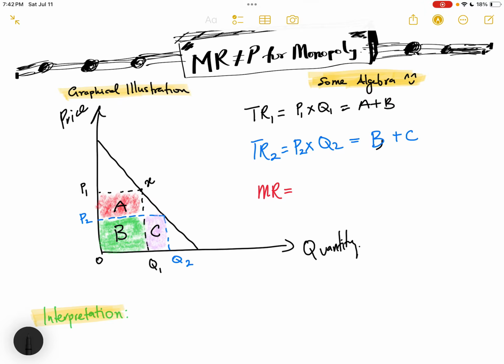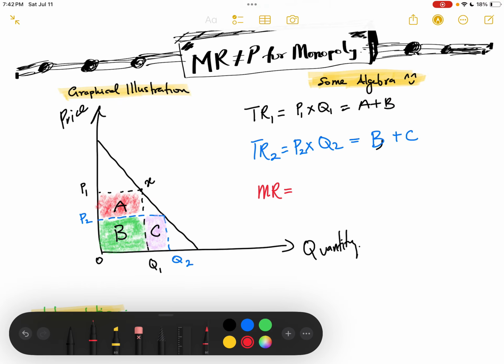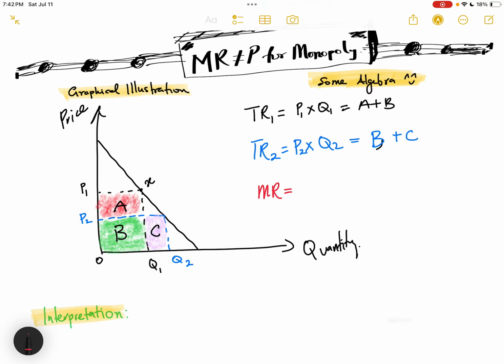And so the marginal revenue, which I hope you remember from your principles class, since this is an intermediate session, is known as the change in total revenue divided by the change in quantity. And so what is that?